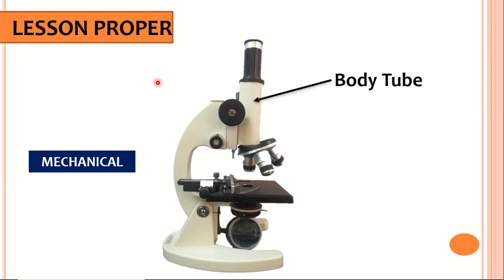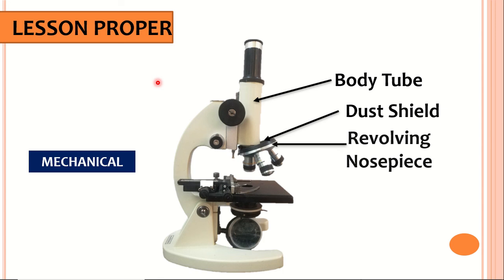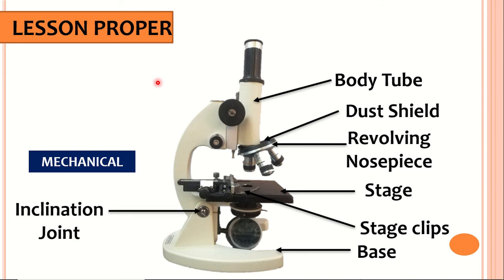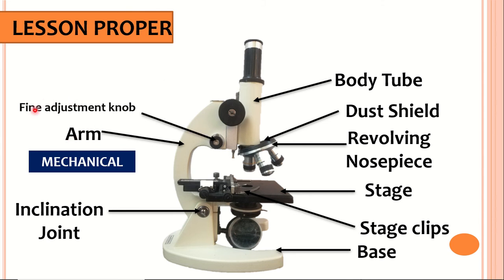First is the body tube, second is the dust shield, third is the revolving nosepiece, fourth is the stage, fifth stage clips, sixth base, seventh inclination joint, eighth arm, ninth fine adjustment knob, and lastly, coarse adjustment knob.